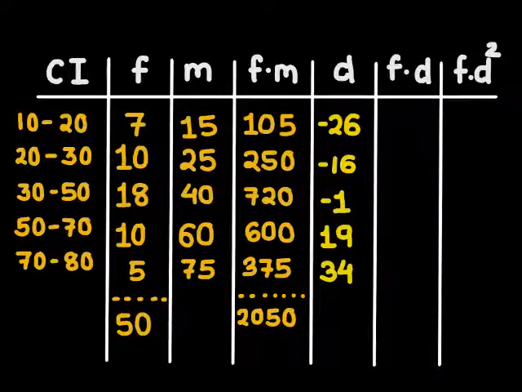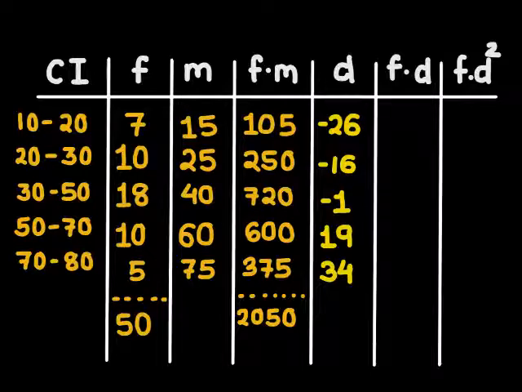In the second row the mid value is 25, so 25 minus 41 is minus 16. In the third row the mid value is 40, so 40 minus 41 is minus 1.